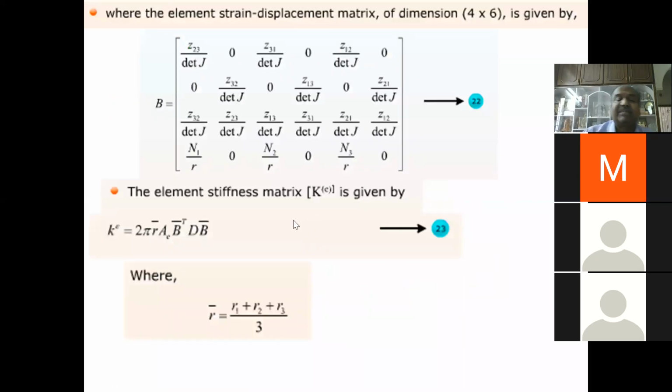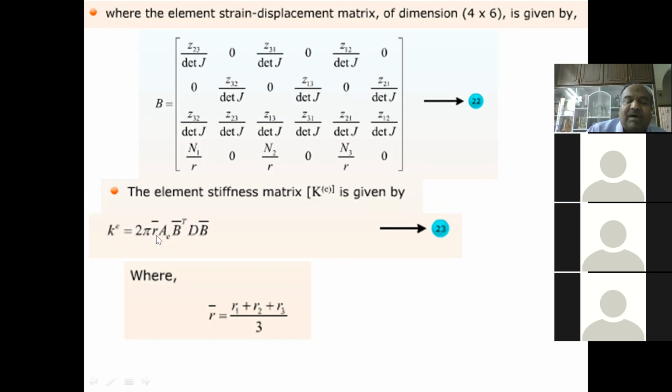Then the stiffness matrix: here again, you know that in the B matrix not all elements are constants, because r is a variable. Suppose you calculate r at the centroid, r bar, then this B matrix becomes B bar. B bar is nothing but the B matrix evaluated at the centroid.